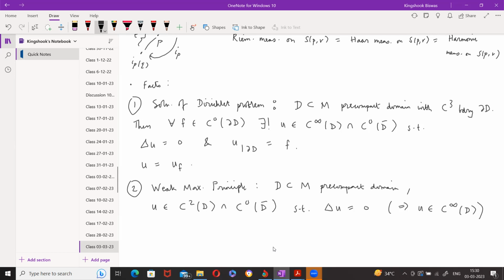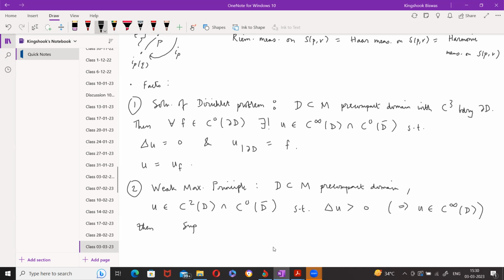So then the sup, well, actually, maybe I should state this for subharmonic functions. This is true actually for subharmonic functions.